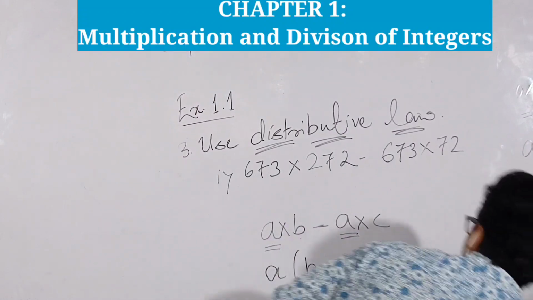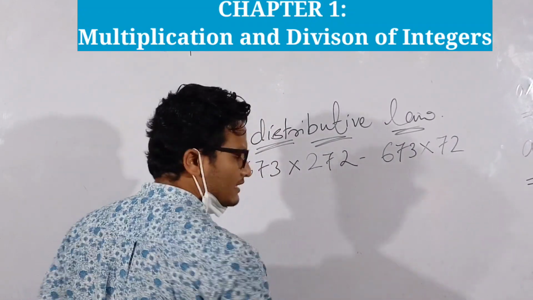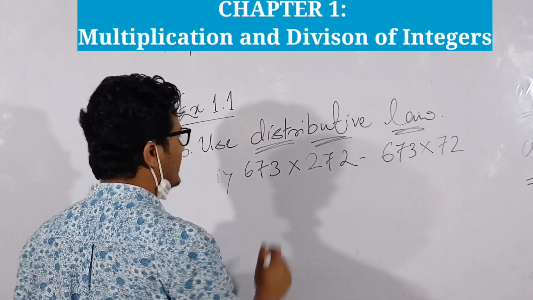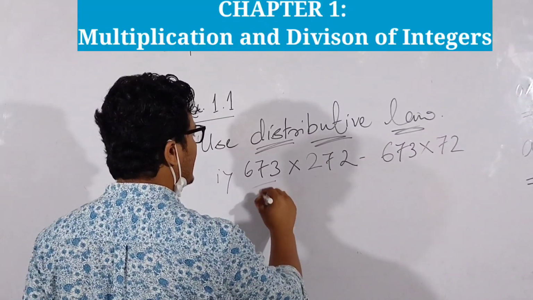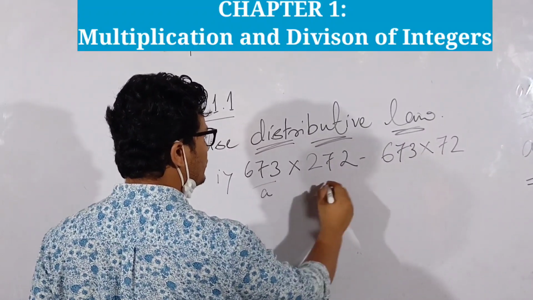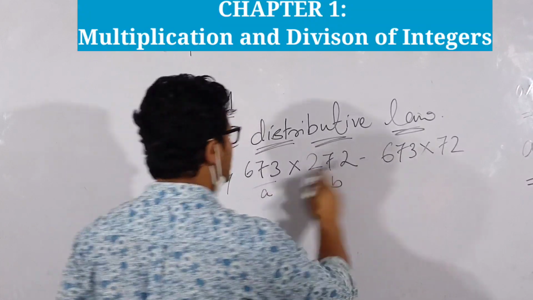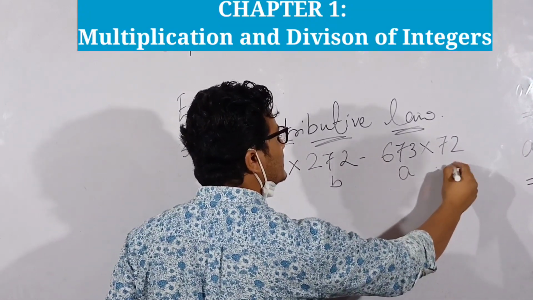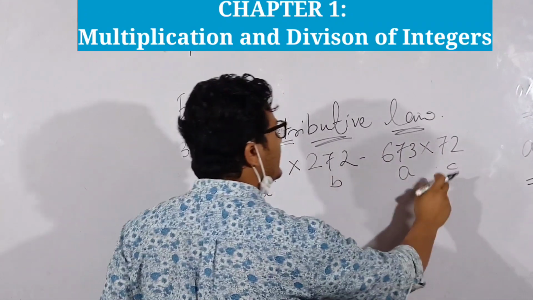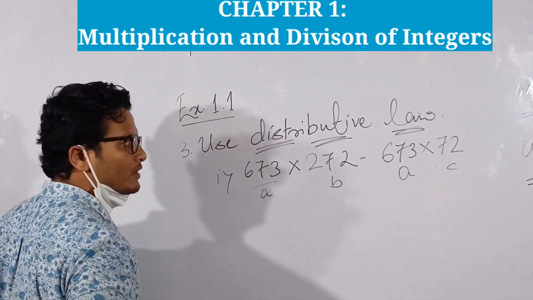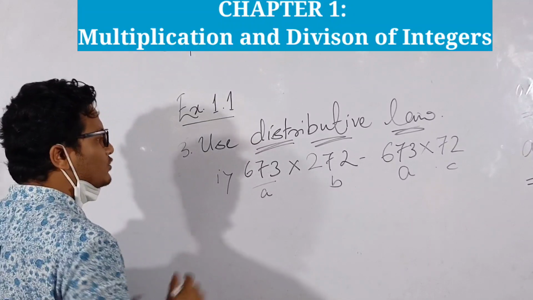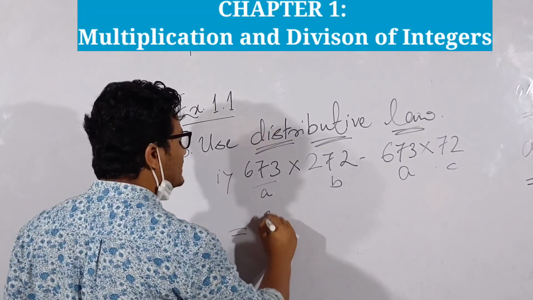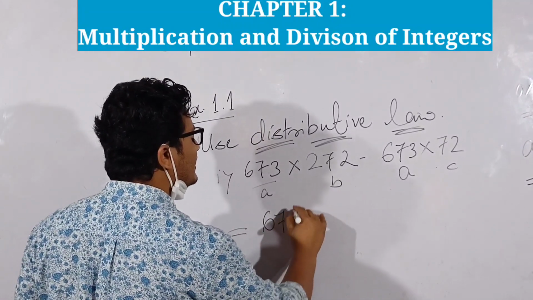Now you see, in this question, can you see that this question is in the format a into b minus a into c, and the same 673 is a, so this is your c. The question is in the format a into b minus a into c. So what can we take common here in this question? We can take common 673.